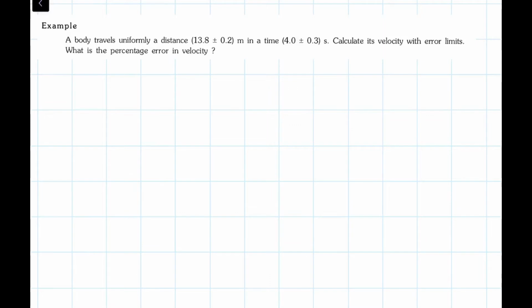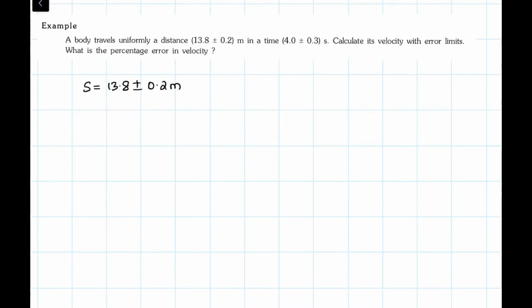So how can we calculate the velocity as well as the percentage error in velocity? Let's write the distance first. Distance s is equal to 13.8 plus or minus 0.2 meter.